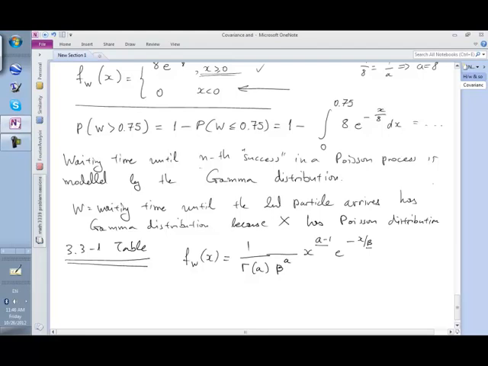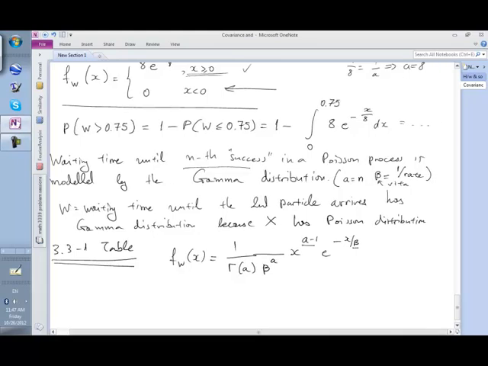When we use the gamma distribution to model waiting time until the nth success, the gamma distribution that we have to use has alpha equal to n, and the beta parameter, the Greek beta, is going to be 1 over the rate of the Poisson.